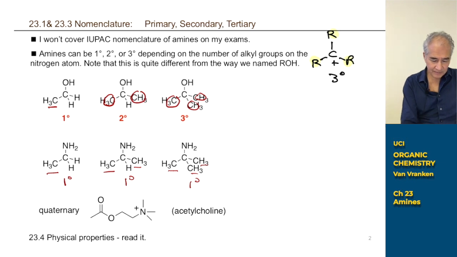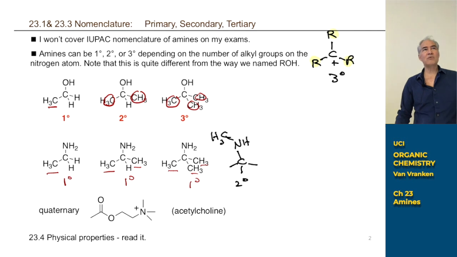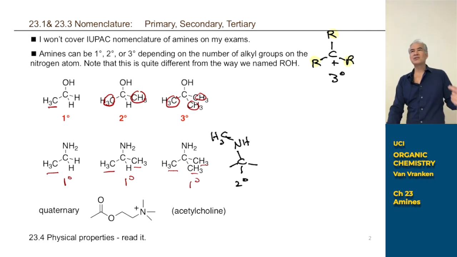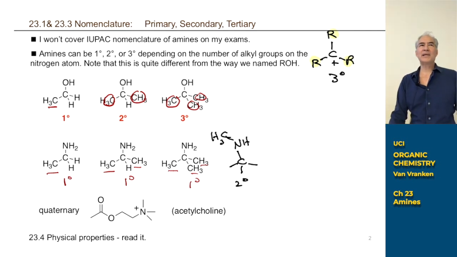So for an amine, let me go ahead and change this to black pen here. If I take this same amine with a t-butyl group on here, and I put a second alkyl group on the nitrogen, now it's a secondary amine. This naming system is used to describe how many alkyl groups are attached to the nitrogen, not to the carbon atom.